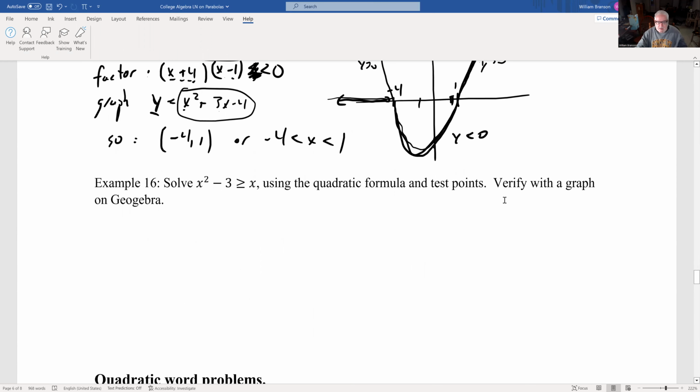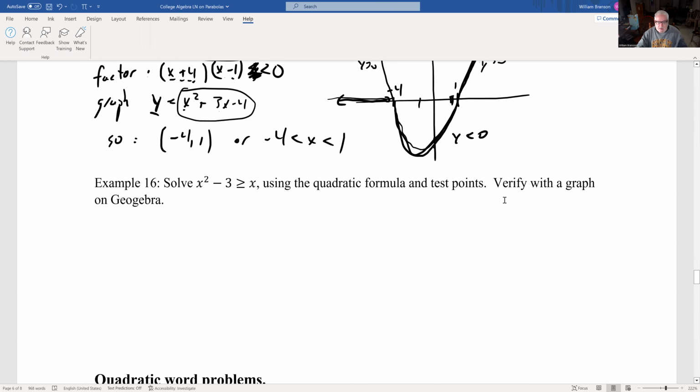And that's a little bit tricky because it doesn't factor nicely, but we can always use the quadratic formula: 1 plus or minus the square root of b squared, which is 1, minus 4ac, which is plus 12, all over 2, because minus 4ac is minus 4 times minus 3, plus 12. So x equals 1/2 plus or minus square root of 13 over 2. So those are our roots.